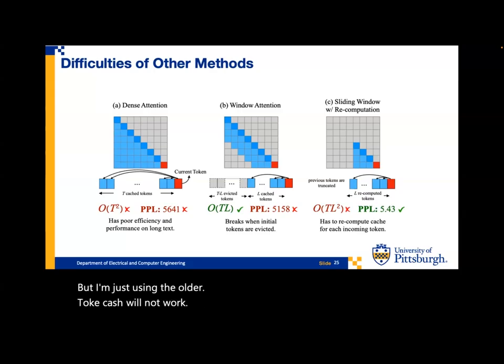If you just remove the initial tokens, then you lose the probability information, but if you recompute, then the probability redistributes.